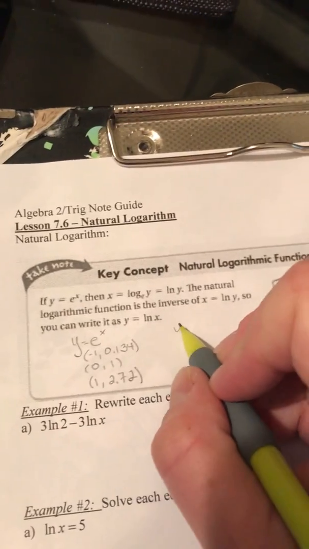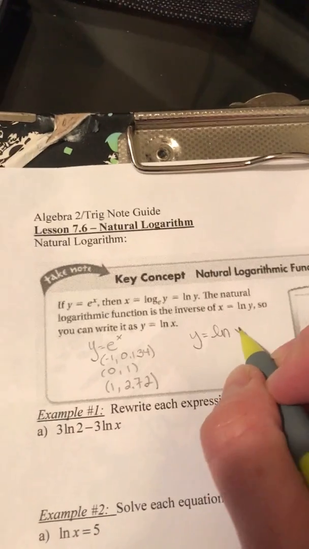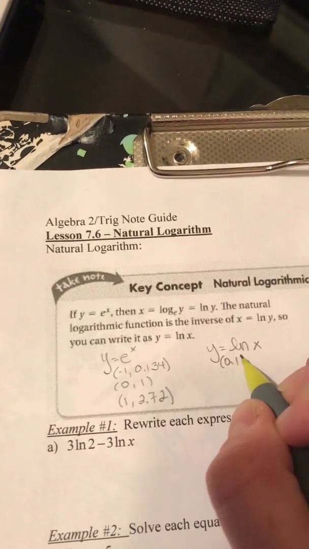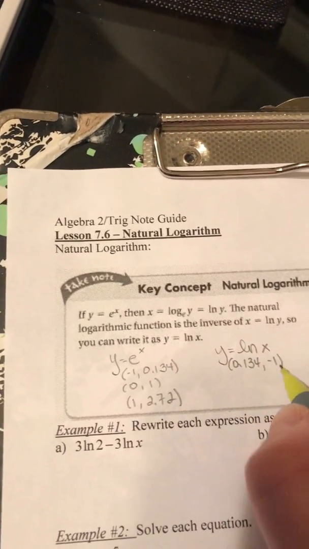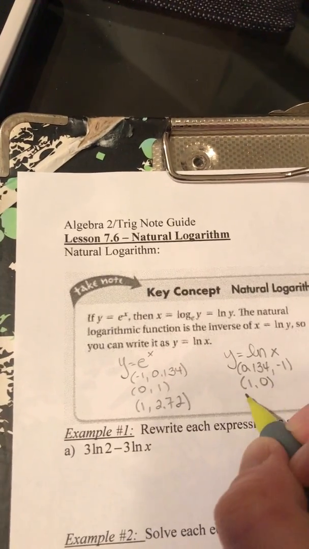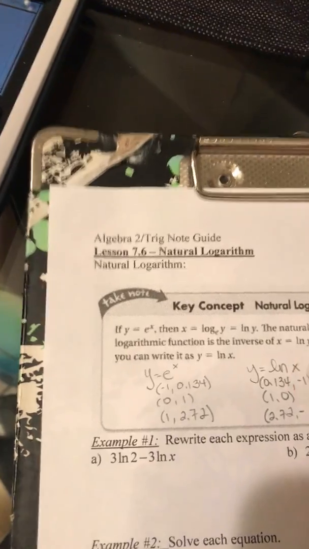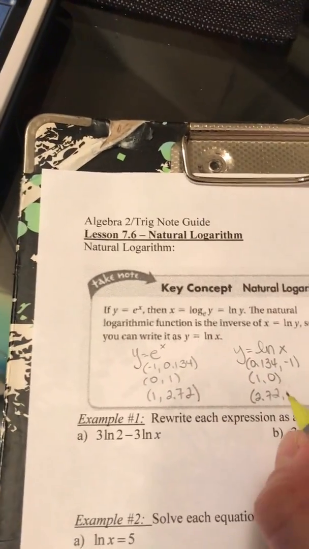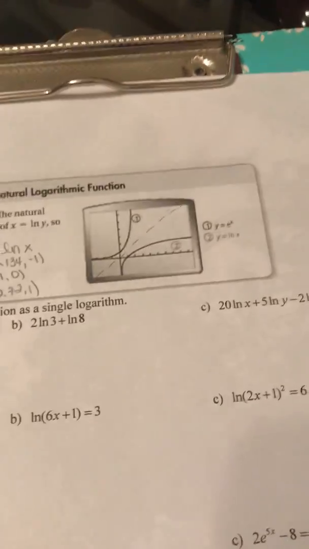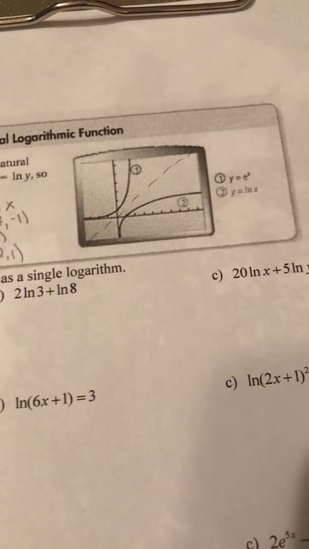Well, if I want to graph the natural log of x, it switches. Again, all the same properties as inverses. Okay, and that's what the graph looks like. For those of you that don't have the printed out notes, you might want to copy that down.